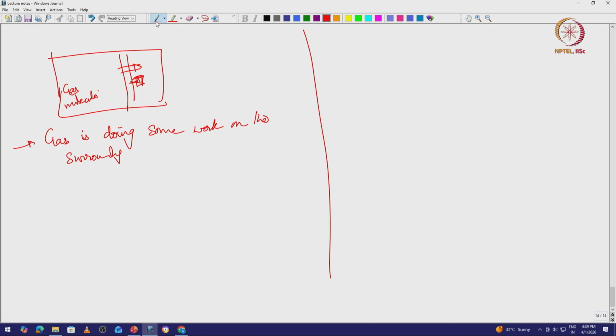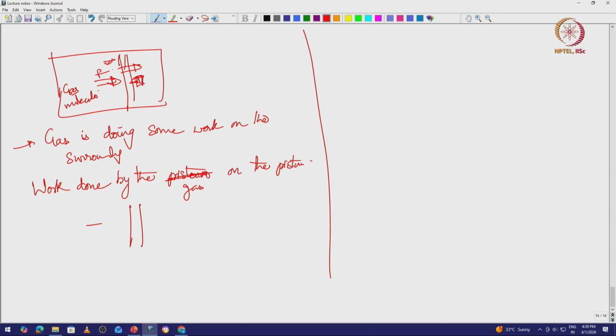So now on the piston, right, there is a force that the gas is applying. Work done by the gas on the piston, right.